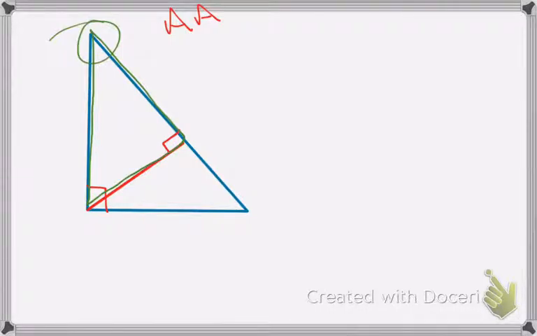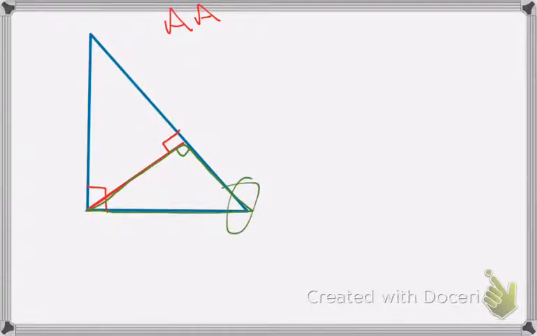And so by angle, this medium green right triangle is going to be similar to the blue right triangle. Similarly, if I look at this green right triangle, the smaller one, and it's a right triangle because this is a right angle, I see the big blue right triangle and the smaller one share that angle. So by angle, those two triangles are going to be similar.